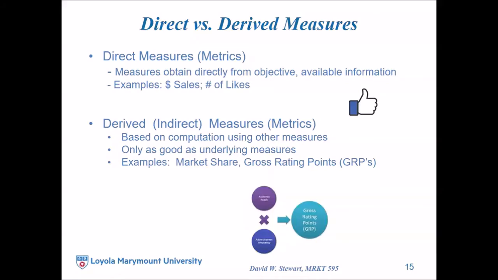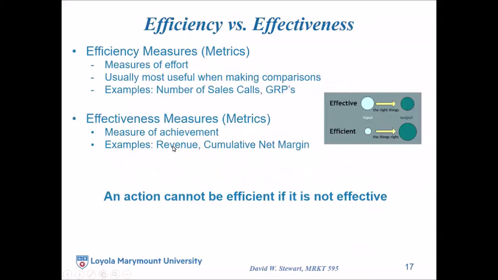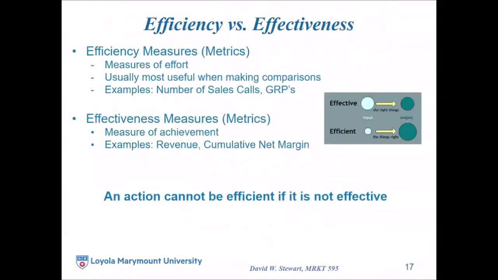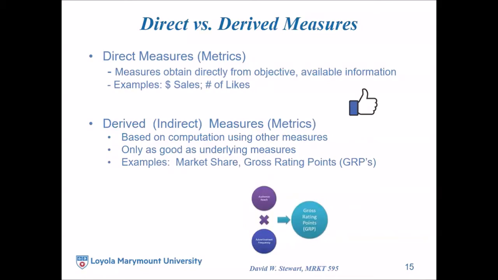But such derived measures often carry with them a lot of assumptions. So, for example, if I'm computing market share, how do I define the category?